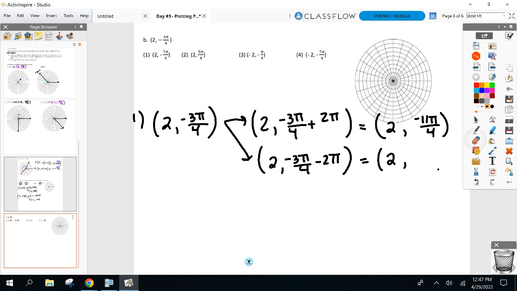That's 8, so that should be 5 pi over 4, right? Better? And then this one should be the negative 11 pi over 4. So I got one answer down, right? 2 comma 5 pi over 4.